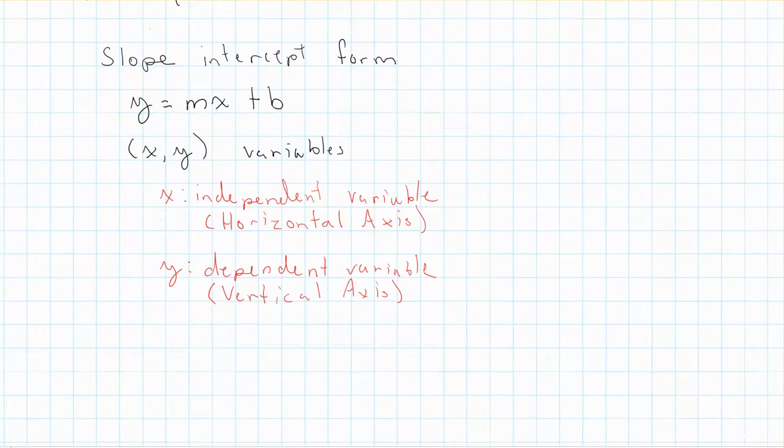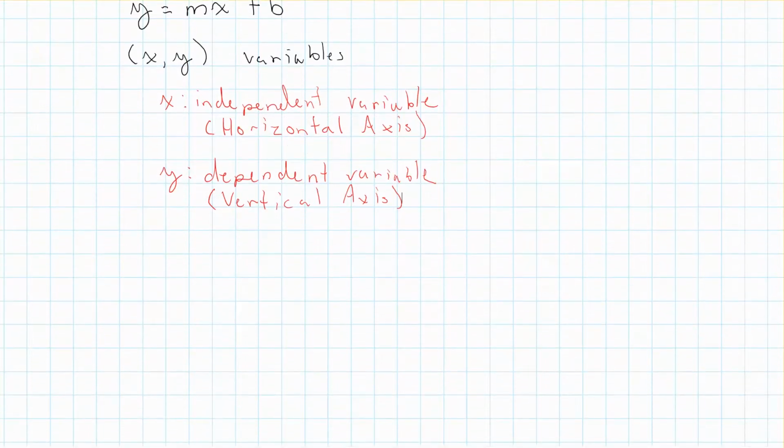Okay, so inside this as well, we have two other parameters. One is m, which I'm suspecting many of you are familiar with. This is the slope of my line. And I like to think of slope as rise over run.